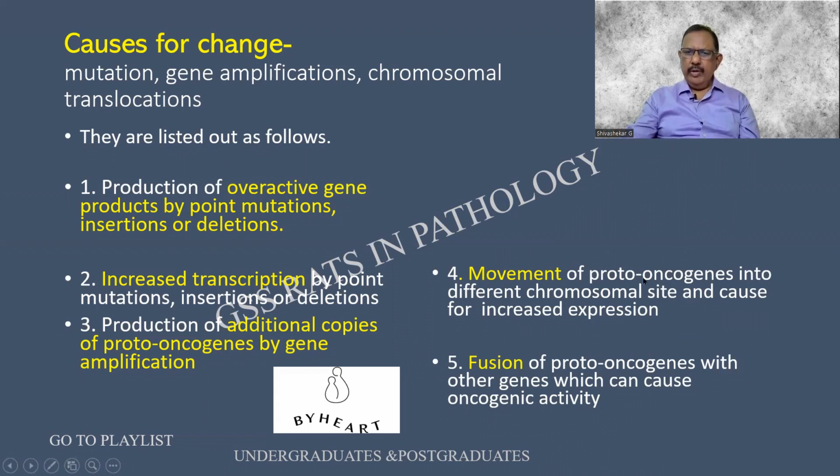This is important because if the proto-oncogene is further away from this site, it might not be effective though it has entered the chromosome or the DNA. Therefore, it goes to a site which is close and this leads to increased expression. Expression is nothing but effectiveness of a property.